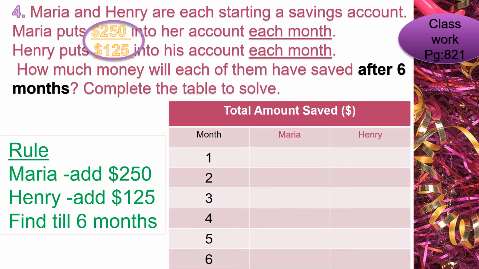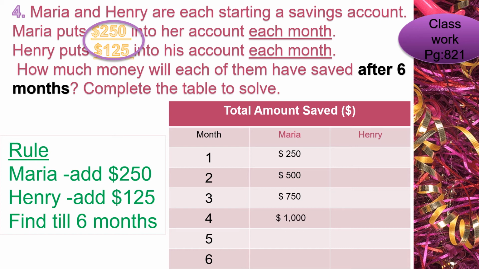For Maria, how many do I need to add? 250. Very good. So now 250 plus 250 gives me 500. Very good. Who will give me the next amount? Yes, 750. So for the 4th month, how much will she save?